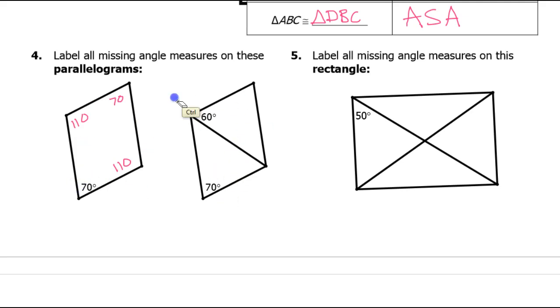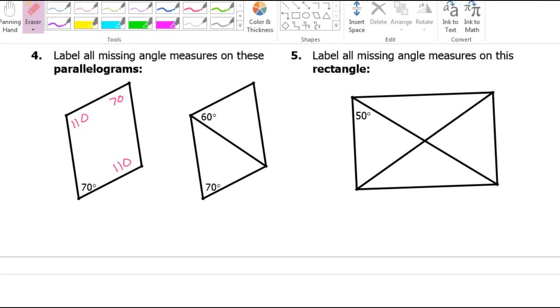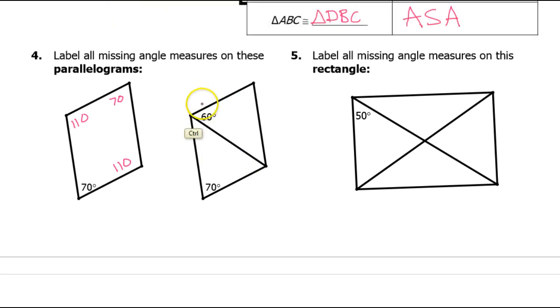Now, what about this? So, parallelogram still. Please remember that if I take a parallelogram, so the opposite sides are parallel. If I throw a transversal in there, alright, which is the diagonal, notice how it forms a Z. And the top and bottom of the Z are parallel, which means that these alternate interior angles are congruent.